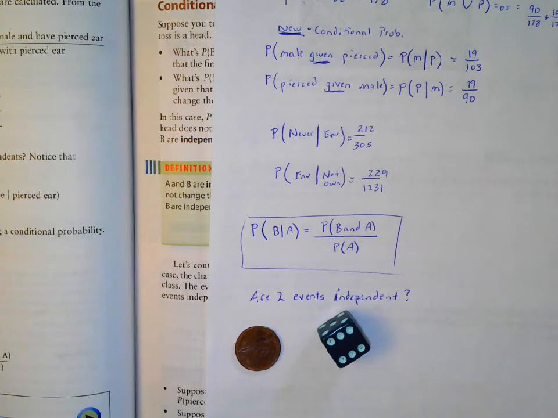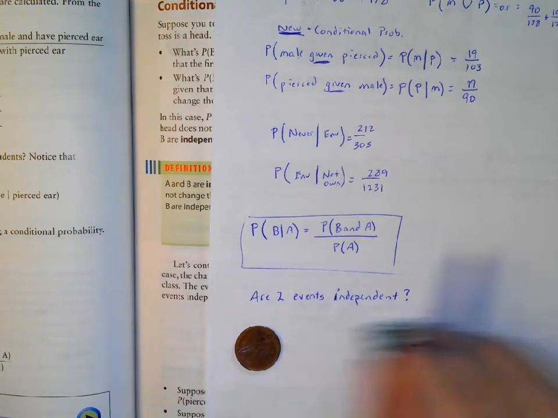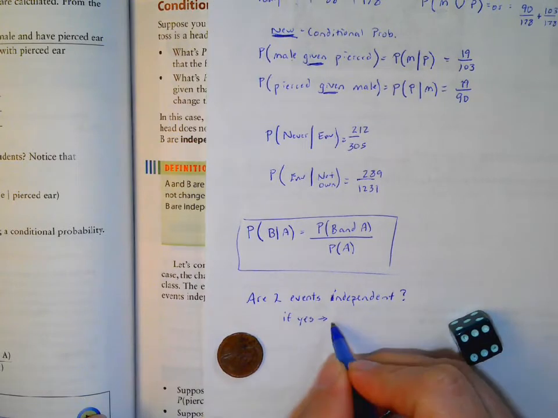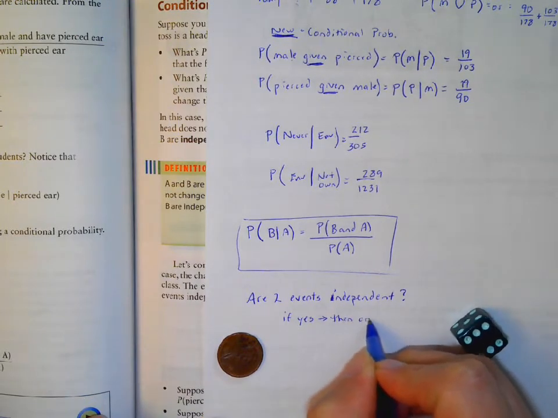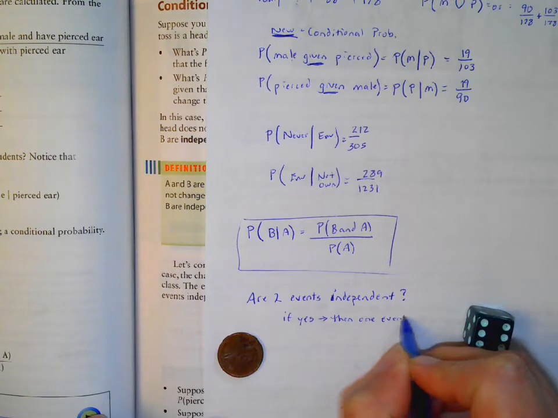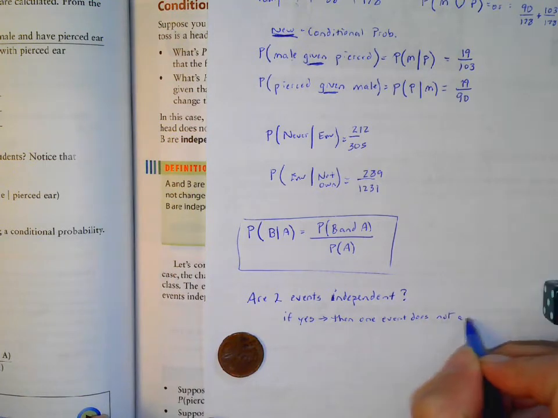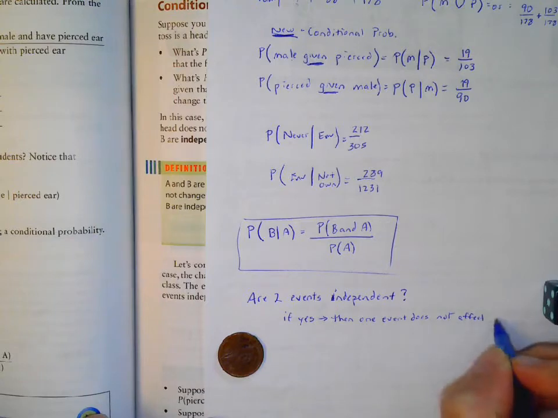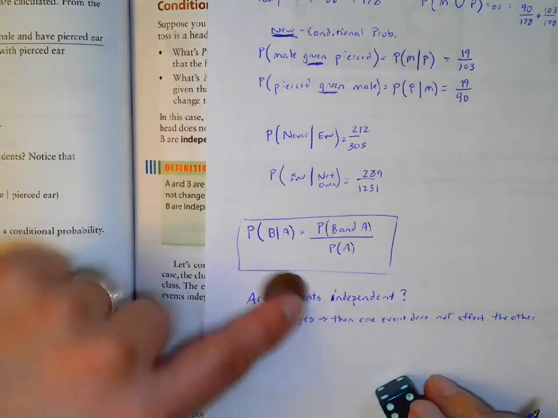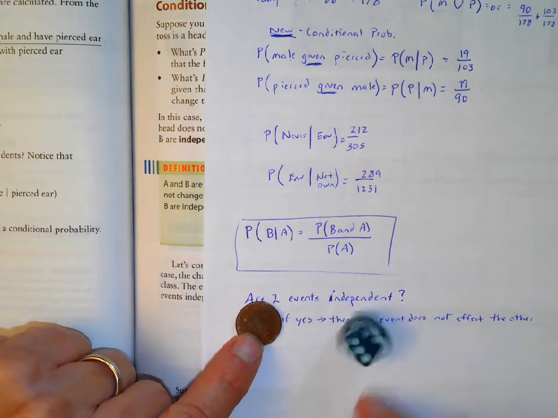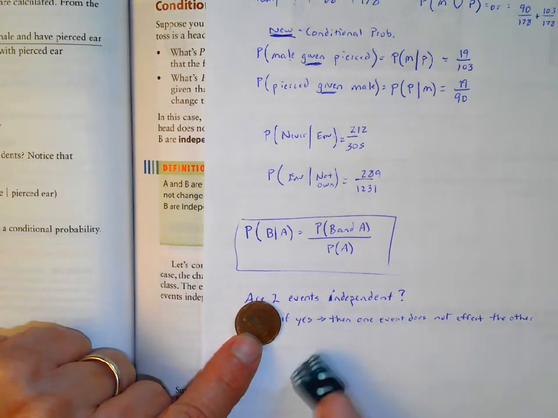No. So we would say these two events are independent of each other. If they are independent, then one event does not affect the other. Just because I flip this, whether it's heads or tails, doesn't impact whether the probability is still 1/6 for every one of these numbers.